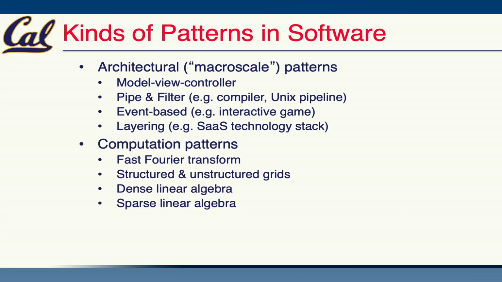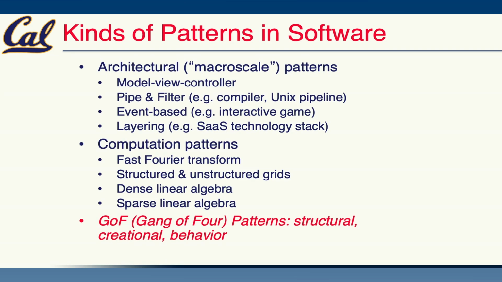In computation, there are also particular patterns. The fast Fourier transform used in signal analysis and signal processing is useful for all sorts of types of projects. There are statistical patterns. There are ways of using linear algebra to solve problems. All of these fall under smaller scale tools that might help us solve a particular task.